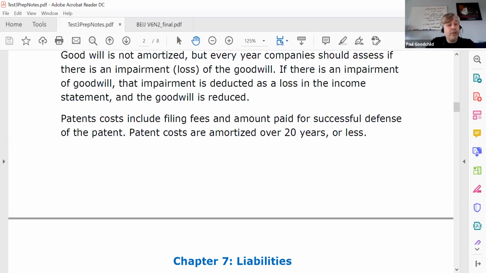A few of the ratios: current ratio, debt to equity, debt to assets.